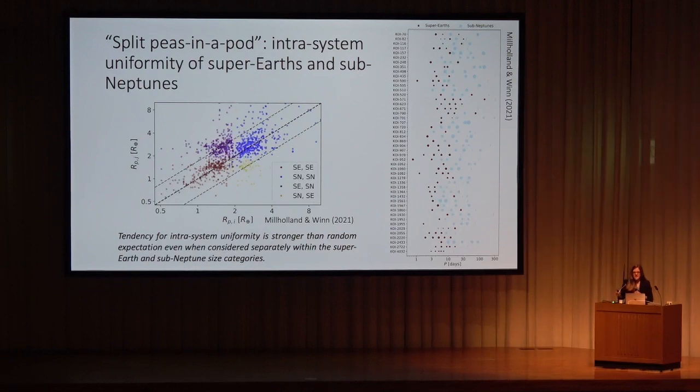So in this study, we tested for intersystem radius uniformity within the separate categories of super-Earth and sub-Neptune, and found that intersystem radius uniformity is stronger than random expectation even when split up into these size categories. So in other words, two super-Earths in the same system are more similar than two super-Earths drawn from the population.